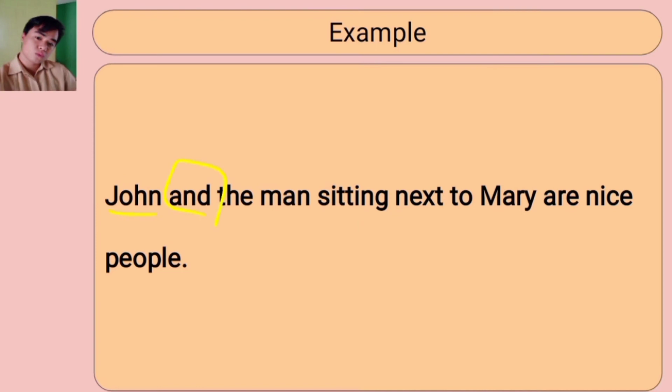John is a noun phrase on the one hand, and the man sitting next to Mary is on the other hand. Since I'm able to connect these two, that means each is a constituent. And if they are both constituents of the same type, then this is a noun phrase, and the man sitting next to Mary is also a noun phrase.